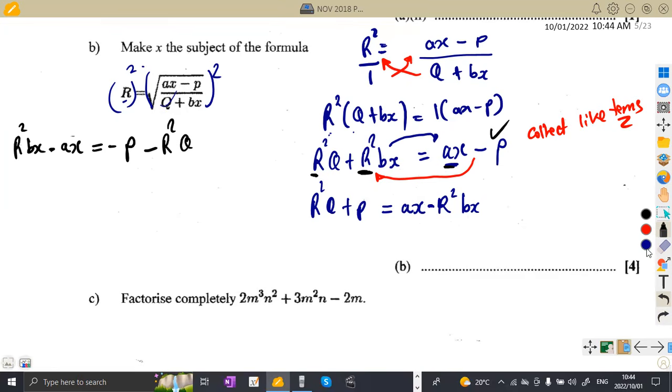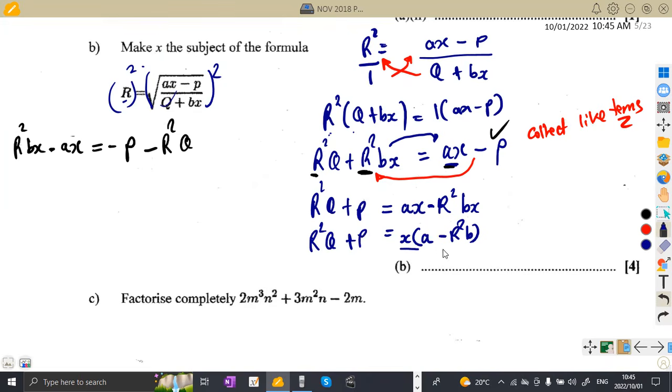But either way, you have to factor out x, because x is common. Let me just change this here. So if I factor out x here, I remain with a minus r squared b. Here is just the same, r squared q plus p.